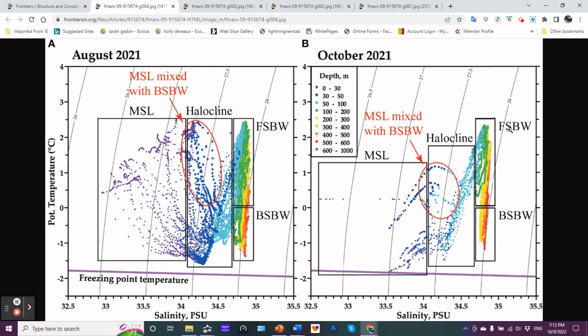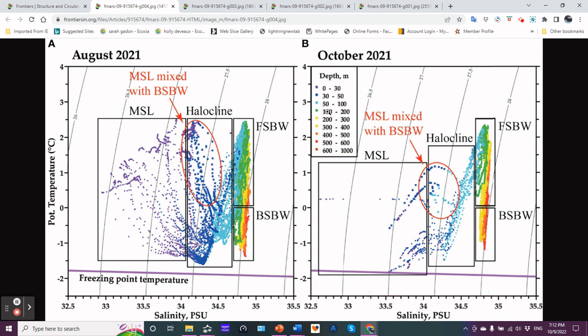And then we see where the Fram Strait branch water and the Barents Sea branch water are, signature-wise. The different colored dots here are the depths at which these measurements are taken, especially referring to these panels. A lot of these purple dots are in the 0 to 30 meters.